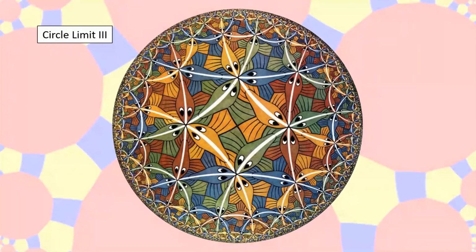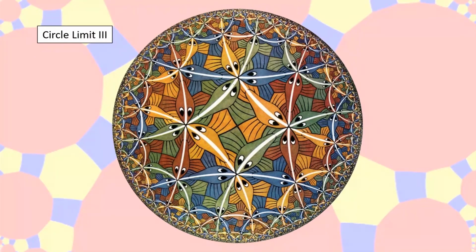Let's look at this perhaps slightly less well-known Circle Limit by M.C. Escher, Circle Limit 3. You can see the pattern is based around fish, but also at a glance you can see that it is a tiling of the hyperbolic plane. If for a moment we ignore the fish, you can see that he's actually given us a tiling using the white lines, which are straight lines in the hyperbolic plane.